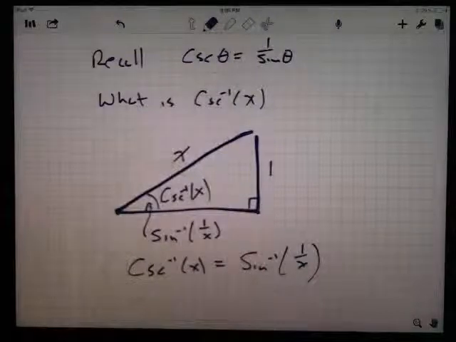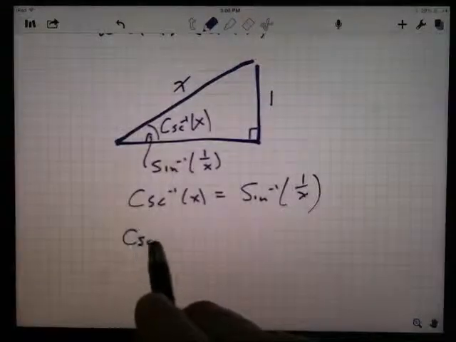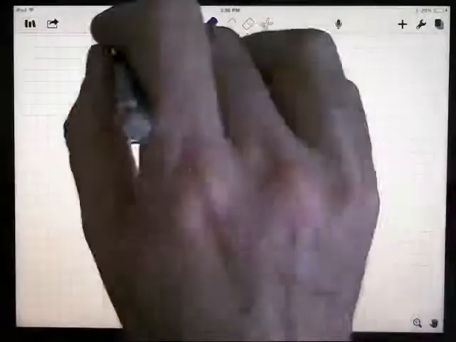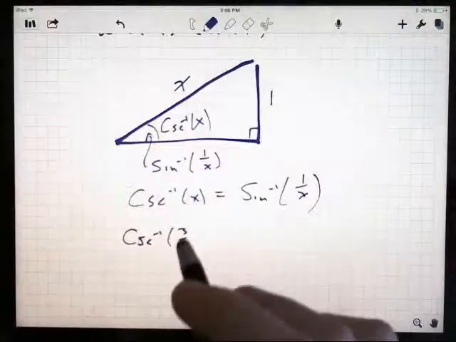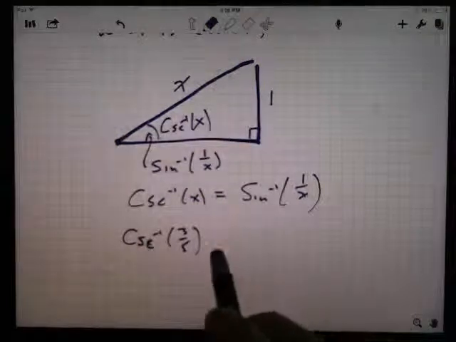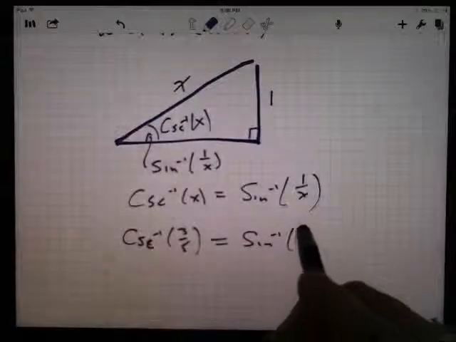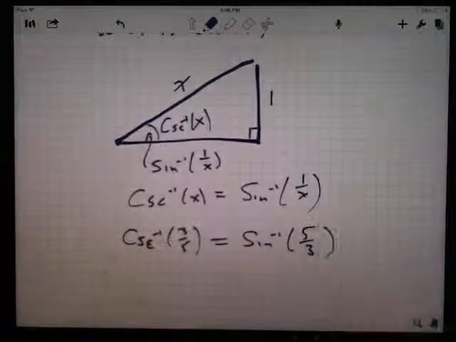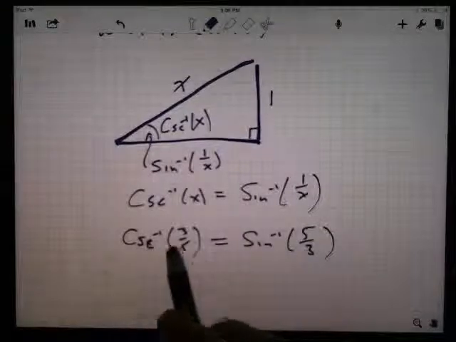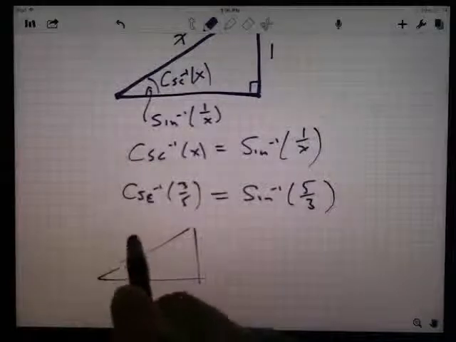So on your calculator, if you ever try to calculate the cosecant inverse of 3/5, your calculator doesn't have a cosecant inverse button. It has a sine inverse button. So you type into your calculator the sine inverse of 5/3. You just take the reciprocal of the input.